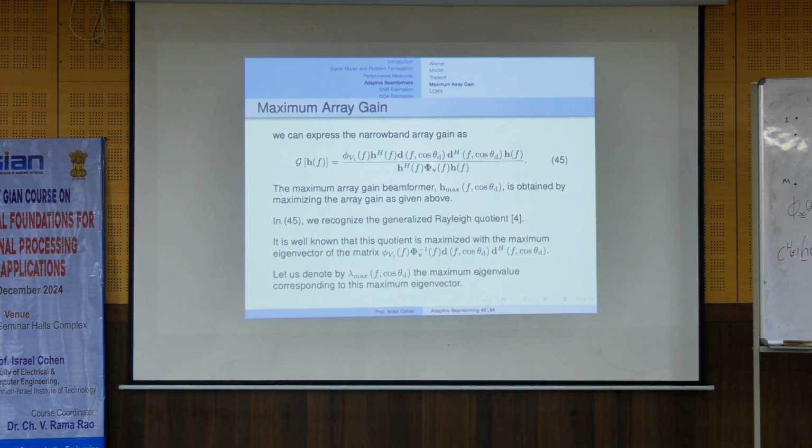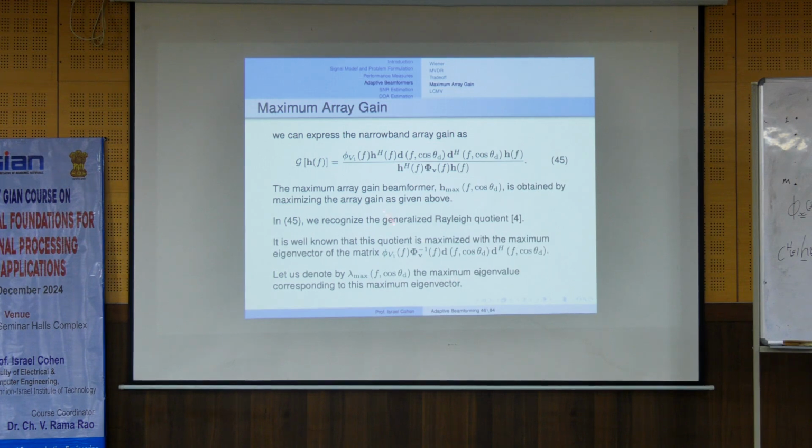We solve this problem, so we take the first eigenvector of phi_v inverse multiplied with this matrix. Okay? So this is the maximum eigenvalue.